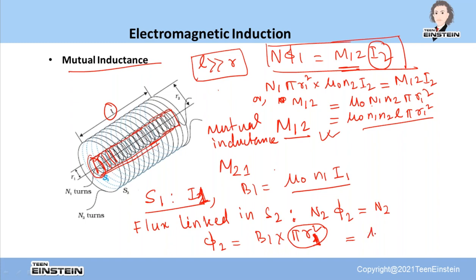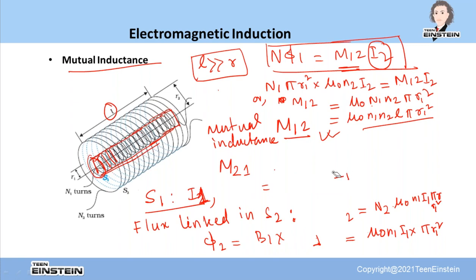So B1 is mu 0 N1 I1 into pi R1 square, and I can write phi 2 as mu 0 N1 I1 pi R1 square. I'll just clean it and write so that you can see it properly.